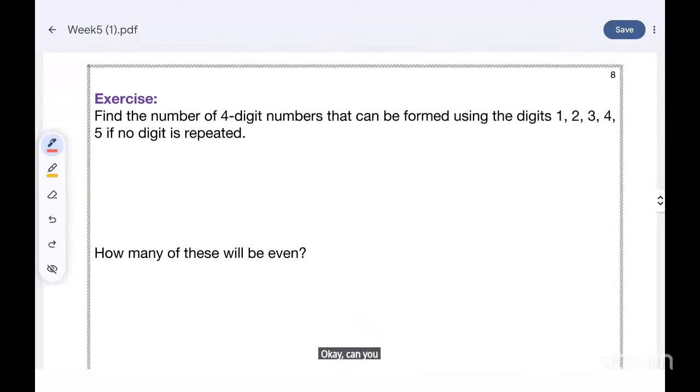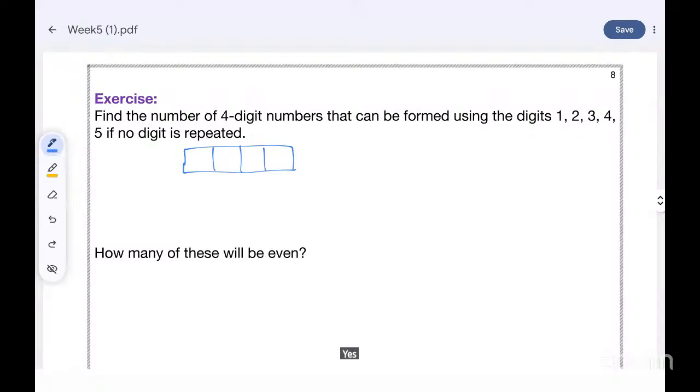Can you try this yourself? Find the number of 4-digit numbers that can be formed using the digits 1, 2, 3, 4, 5 if no digit is repeated. Here n is 5 and r is 4.